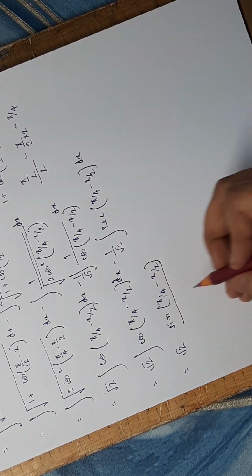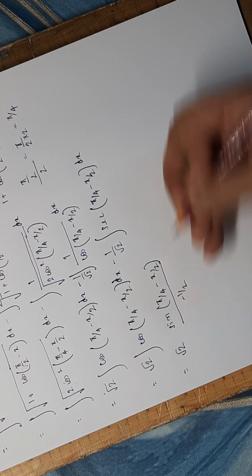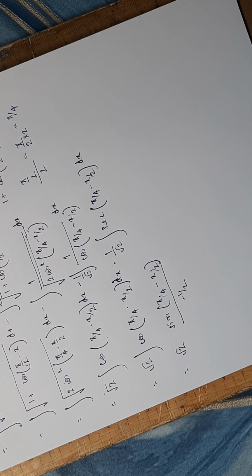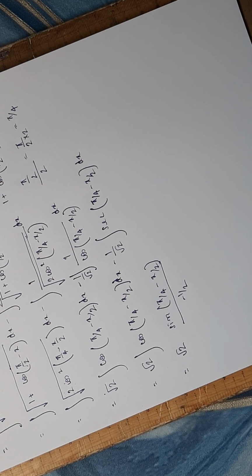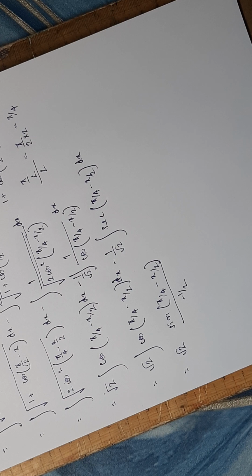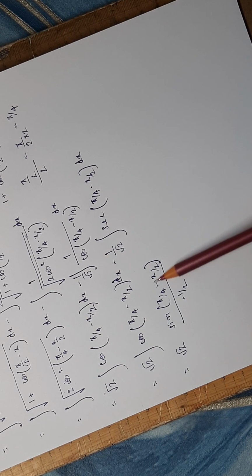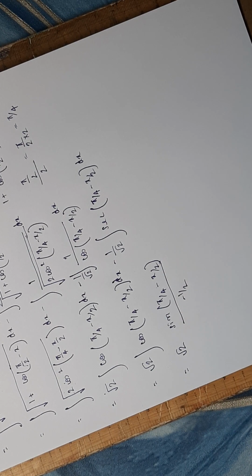And in the denominator, we will have to place the coefficient of x which is given in the problem, that is minus half. I have already discussed and told you about this so many times before, and even now I am repeating it: when you don't have straightforward angles like sin x and cos x, when you have something multiplied or divided with that particular angle, you have to ensure that you put that extra in the denominator.